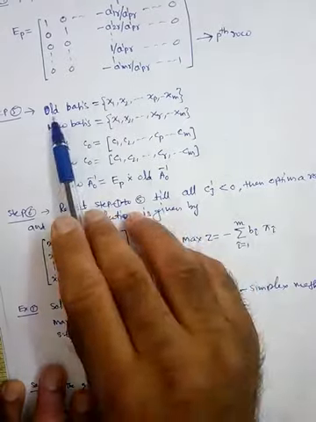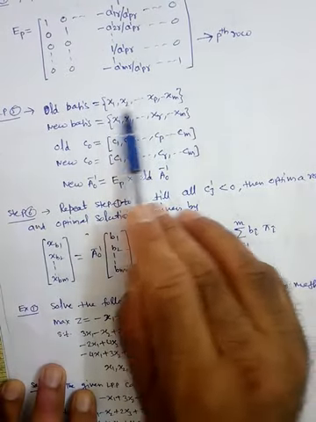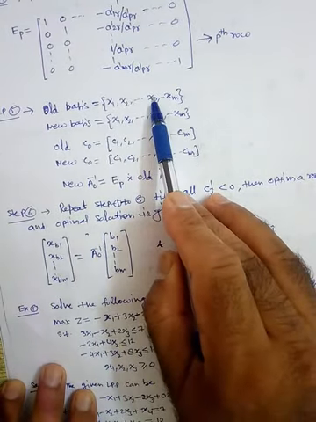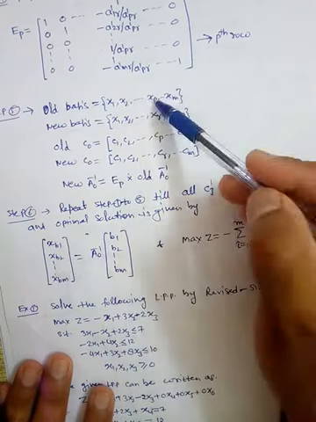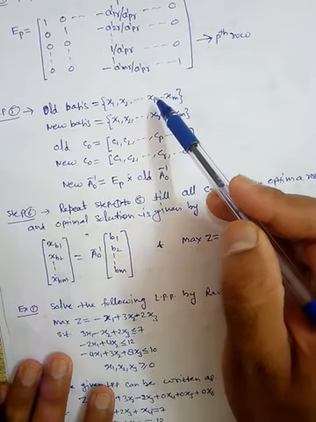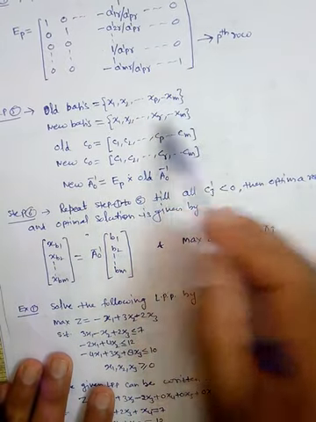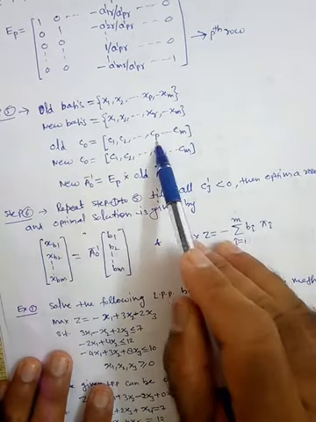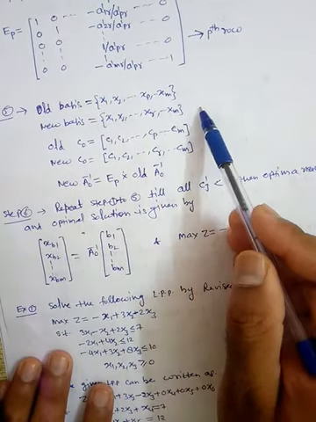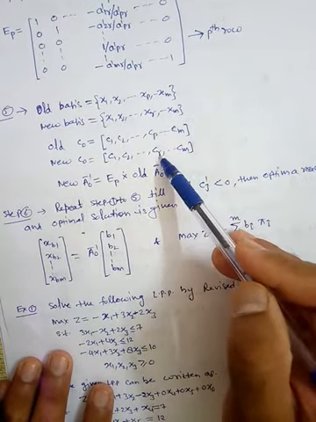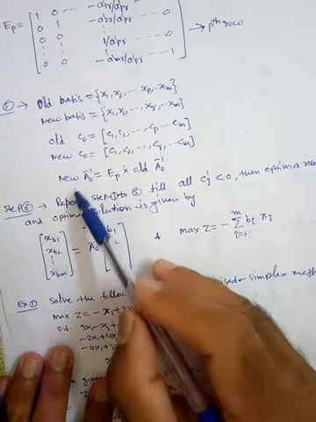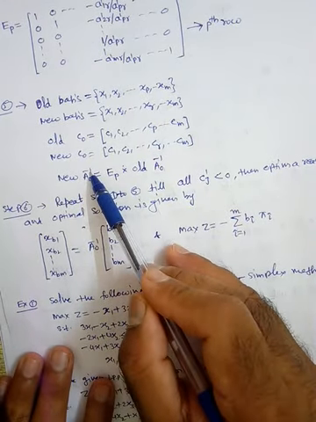Then the old basis is now replaced. This is the old basis. Now the pth variable is out of the basis, and the rth variable comes into the basis, so this is the new basis. The old C naught is this, and now Cp is removed and Cr comes here. Then we have to find the new A naught inverse.